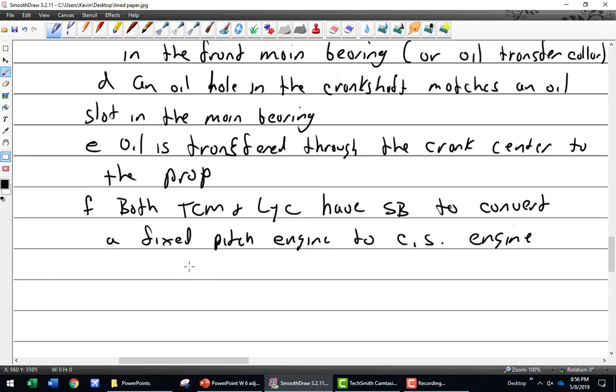So we have a crankshaft. Here's our flange. Here's our first throw. All right, so inside of the crankshaft, you've got to have an opening.